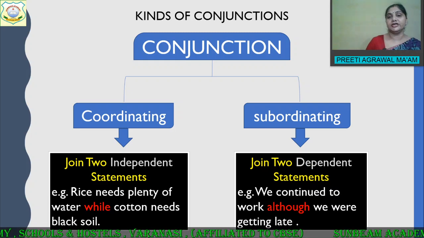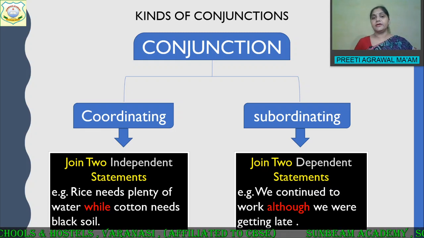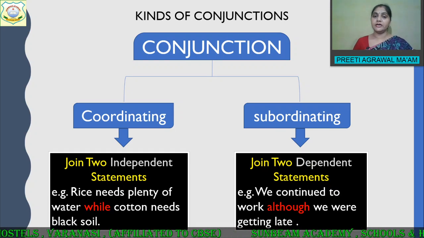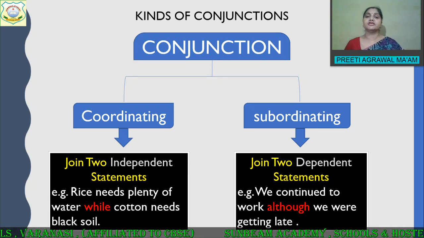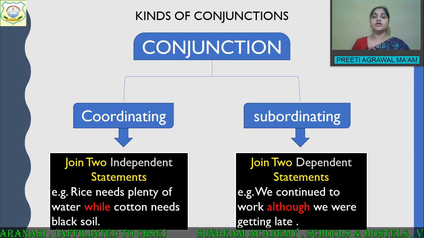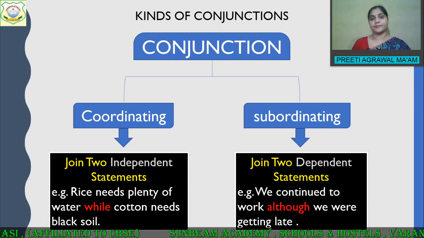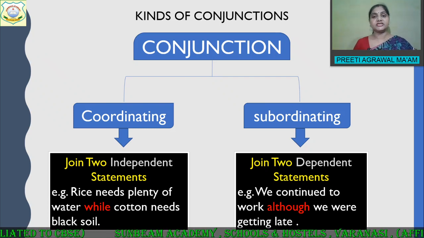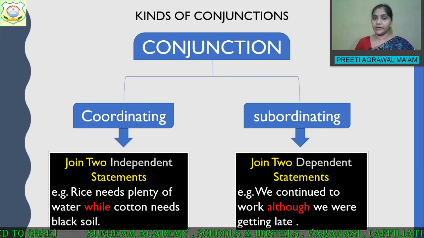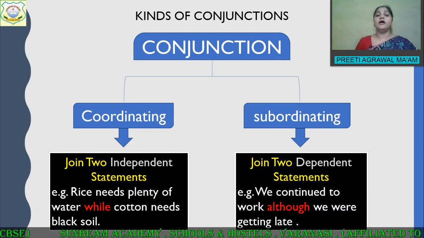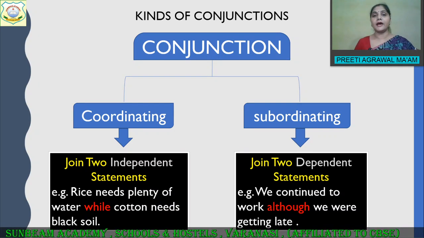Whenever you are writing, your paragraph writing, story writing, letter writing, these correlative conjunctions are very helpful to express your ideas. Not only but also, either or, neither nor, these are all examples of correlative conjunctions.